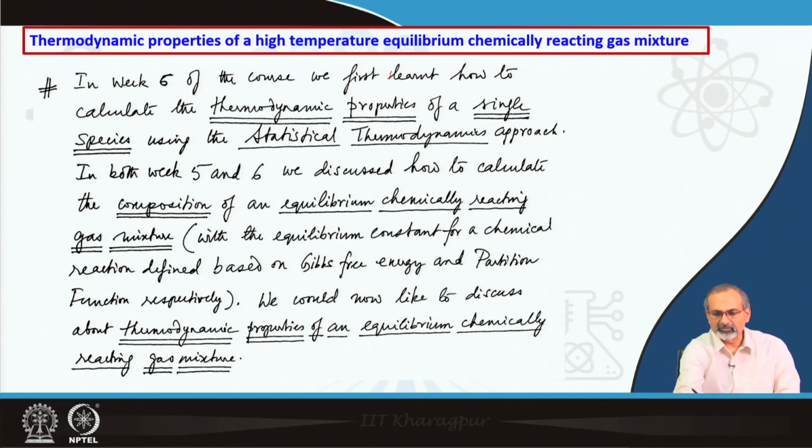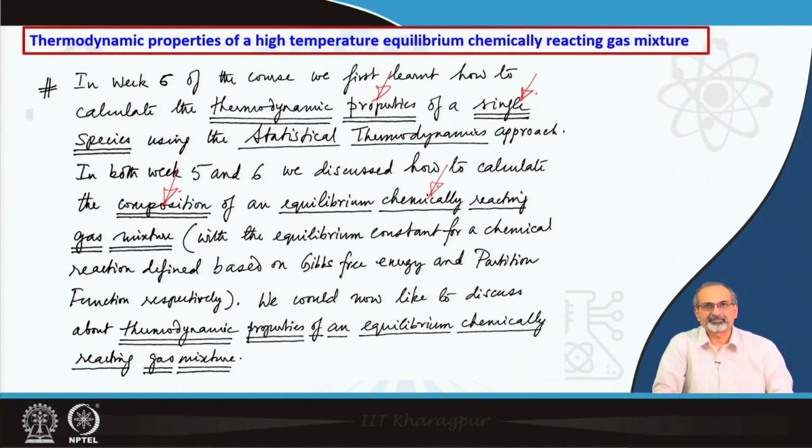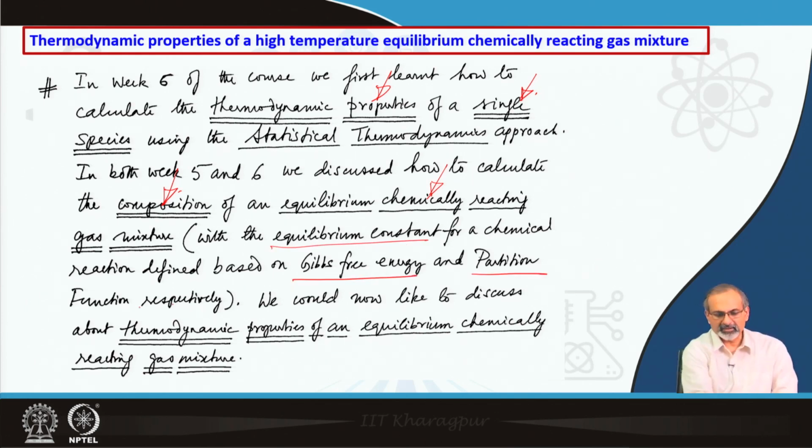So, in one we learned properties of single species, in the other we learned composition of an equilibrium chemically reacting gas mixture. And just to recap, the equilibrium constant for the chemical reaction was either based on the Gibbs free energy or the partition function based on your classical or statistical approach.